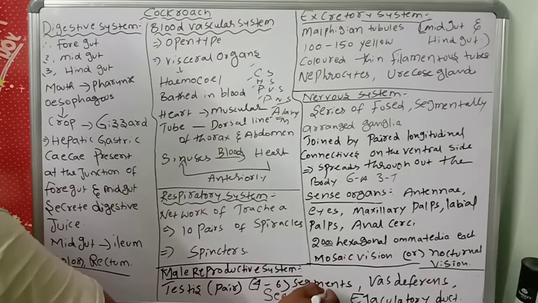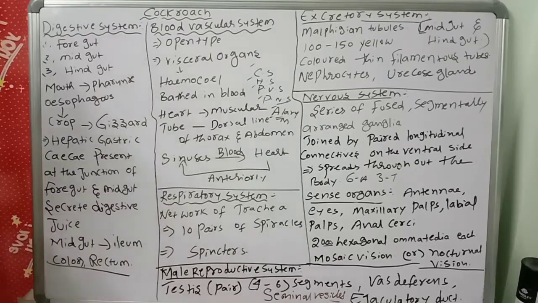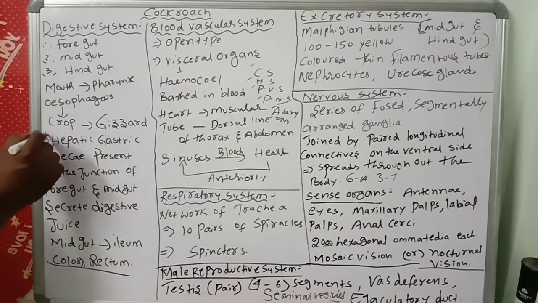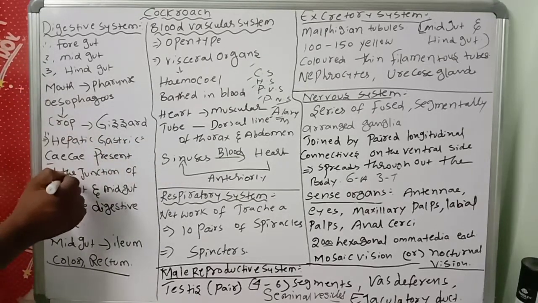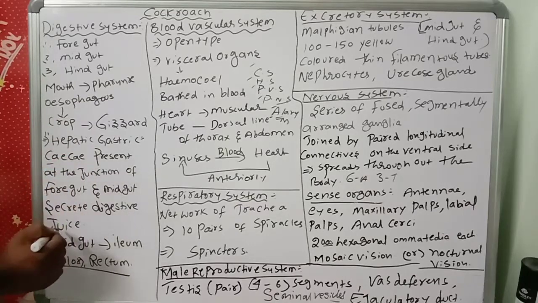About the reproductive system we will discuss clearly tomorrow, but you should remember the important neat bits in this video. First, what is hepatic caecum? Hepatic caeca are present at the junction of foregut and midgut, and secrete digestive juice.